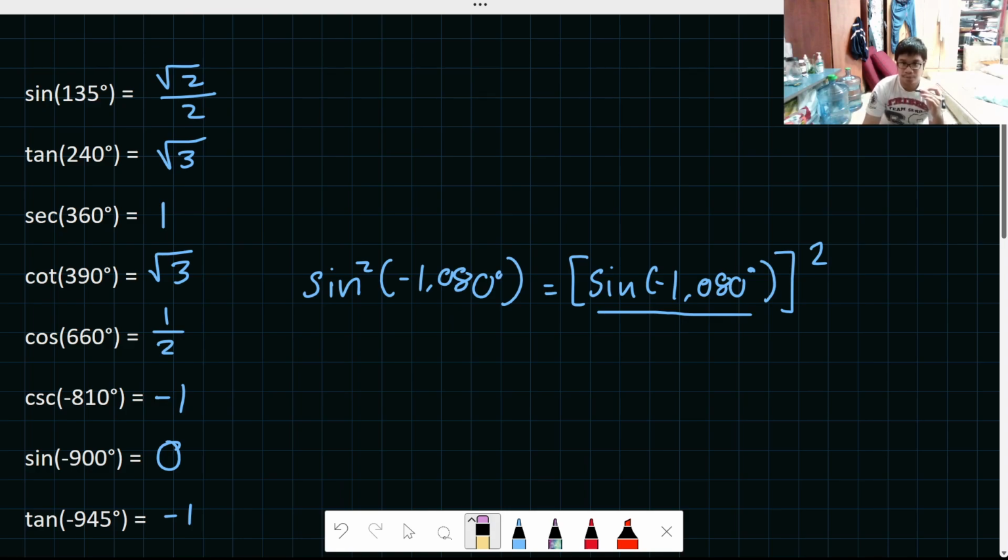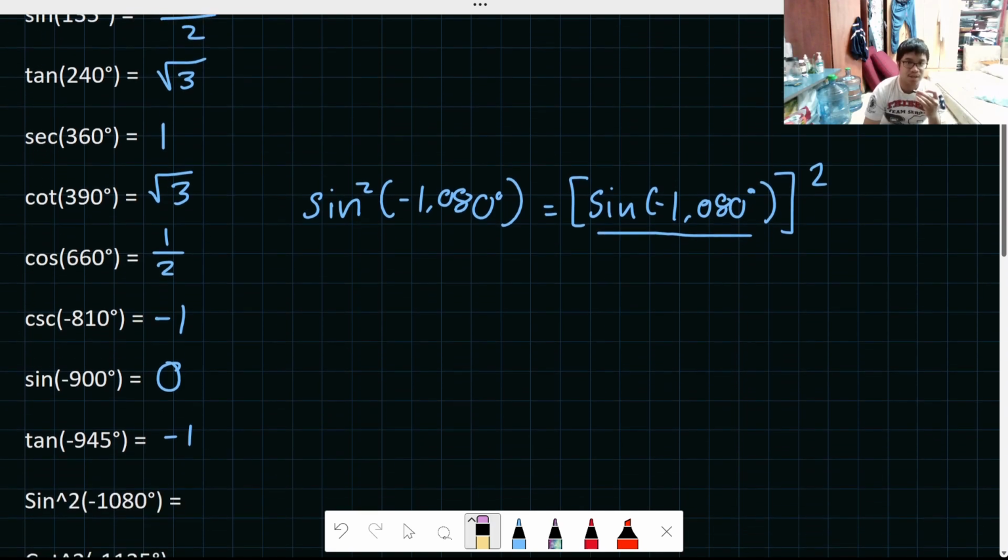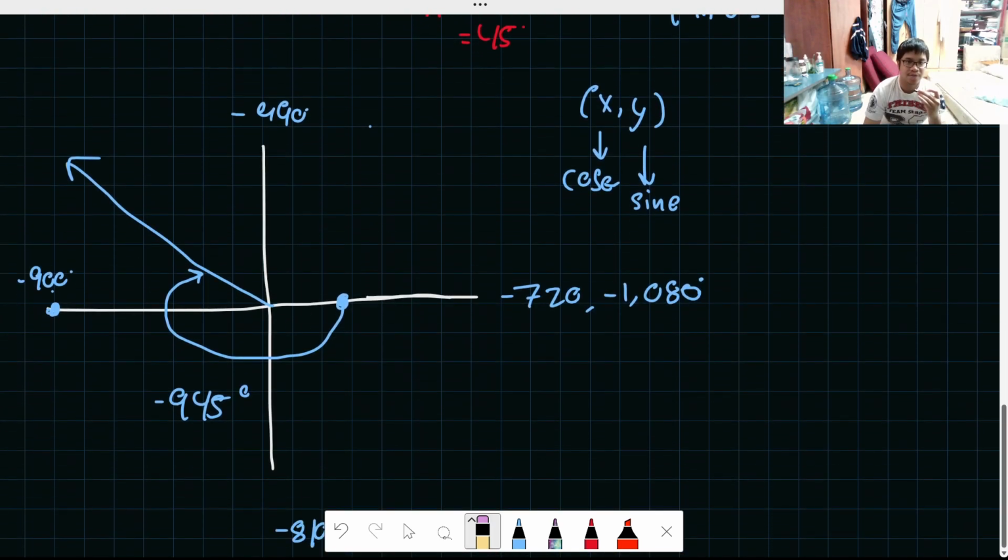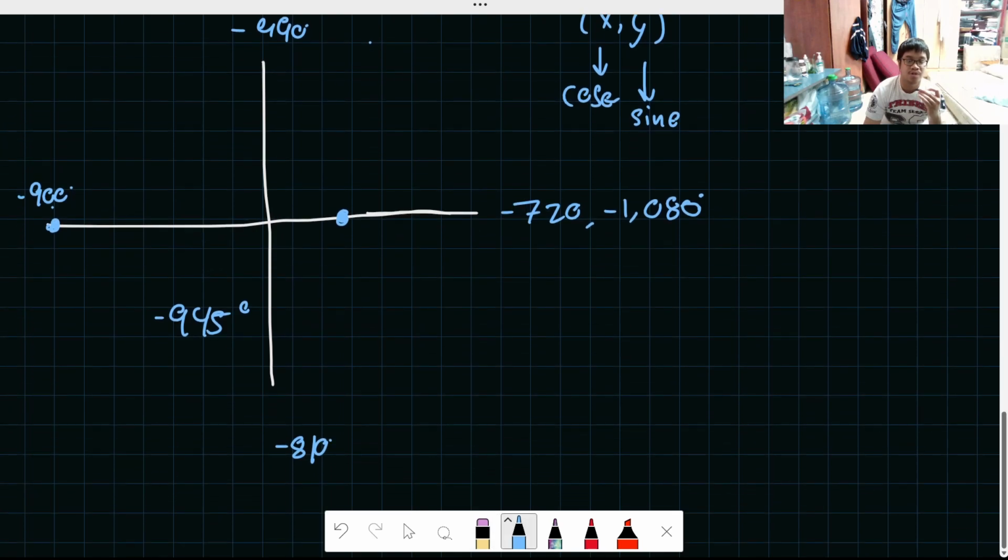So we must get the value here, then square it. It's up to you whether you use coterminal angles or whatever method helps you find your answer. In my case, I already drew a graph that involves negative 1080 degrees. So all I need to do is to know its ordered pairs.